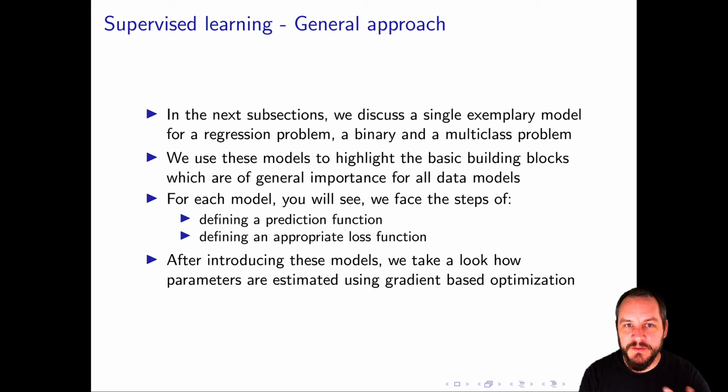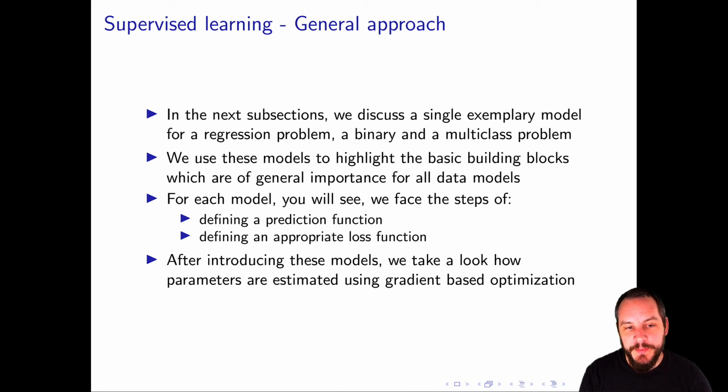So we always define a function which depends on parameters and is used for generating predictions for a target variable. Then we will define an appropriate loss function in order to calibrate the parameters of the model. And then we will take a look at how well we can use this to set up models that hopefully generalize.